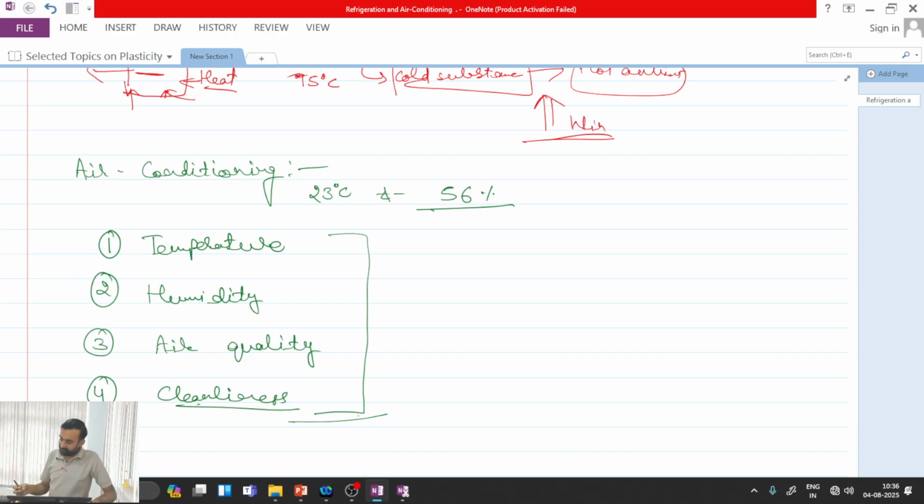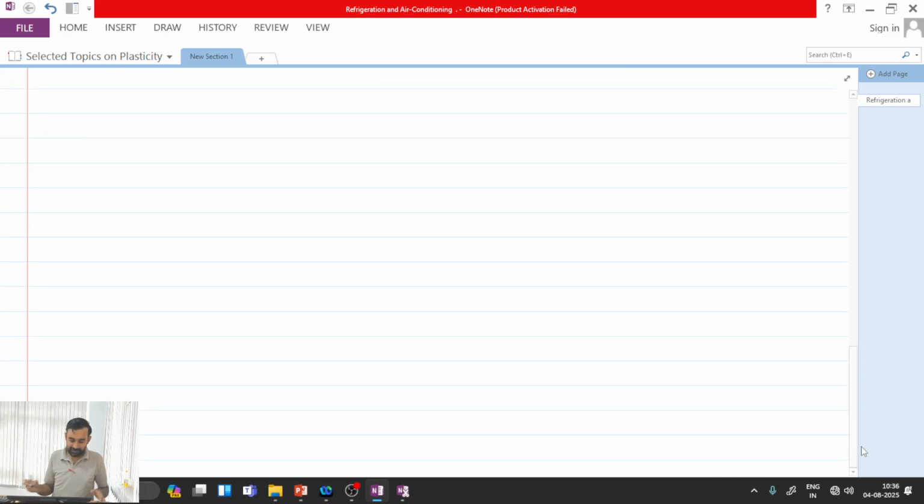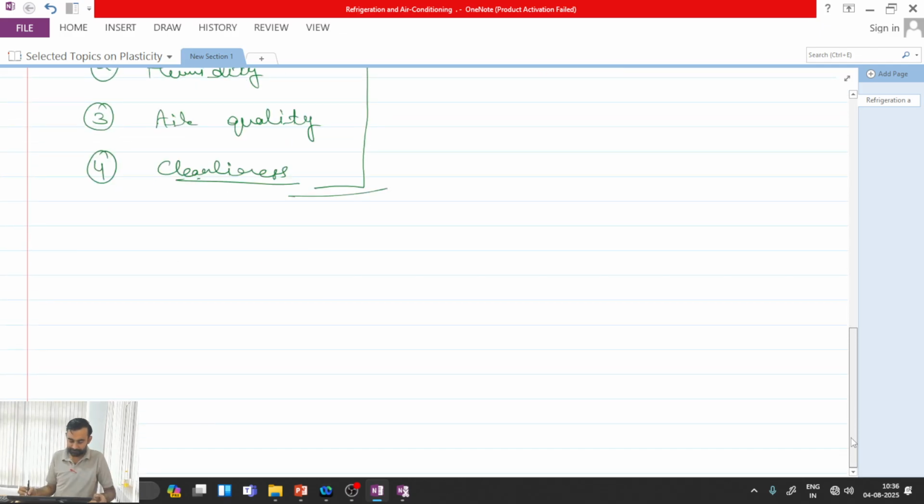So the point is why refrigeration and air conditioning is actually always placed together. Let's try to understand. If you talk about only the refrigeration, refrigeration is the process. Ultimately, we may have some requirement that I have to maintain air at say temperature below ambient temperature.